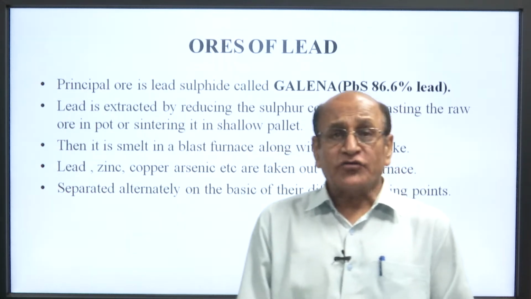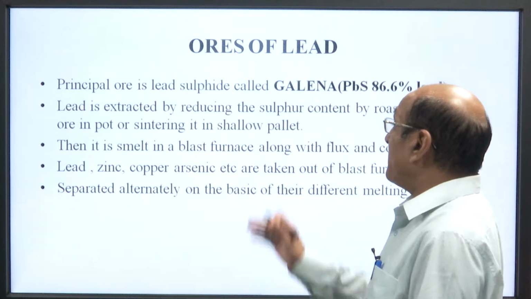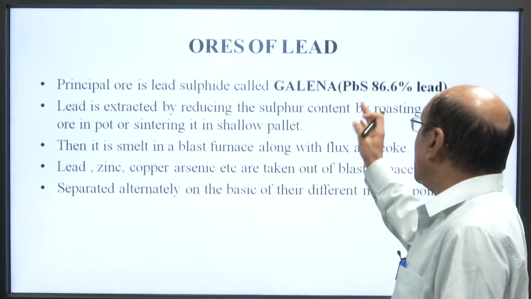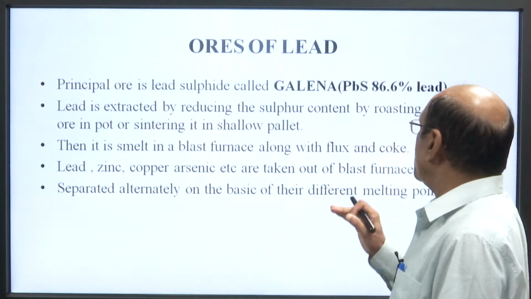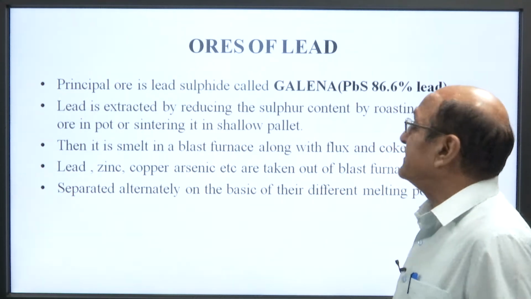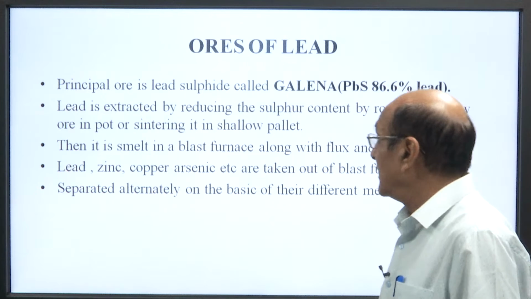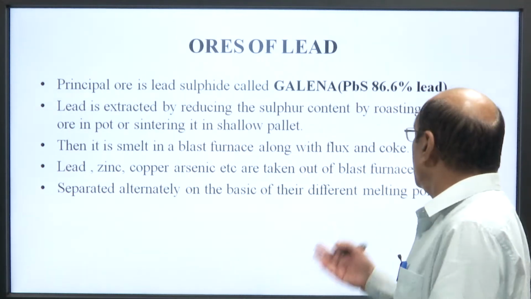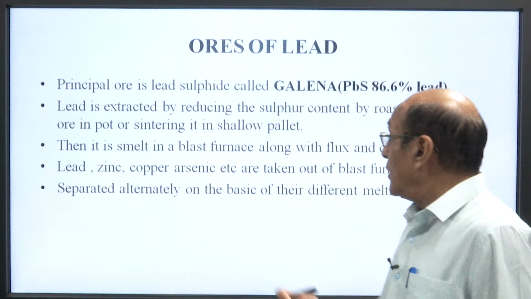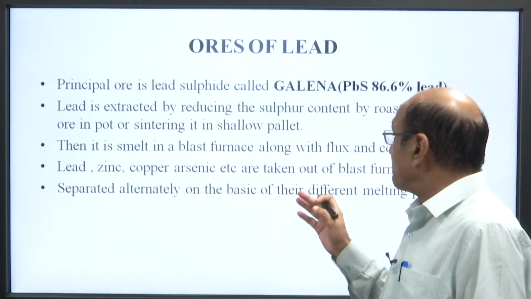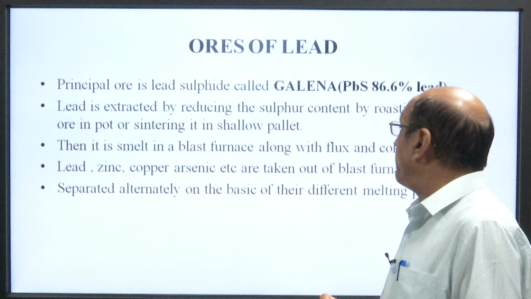Now, come to the ores of lead. The principal ore is lead sulphide called galena, in which PbS has 86.6% lead. Lead is extracted by reducing the sulphur content by roasting the raw ores in a pot or sintering it in a shallow pan.